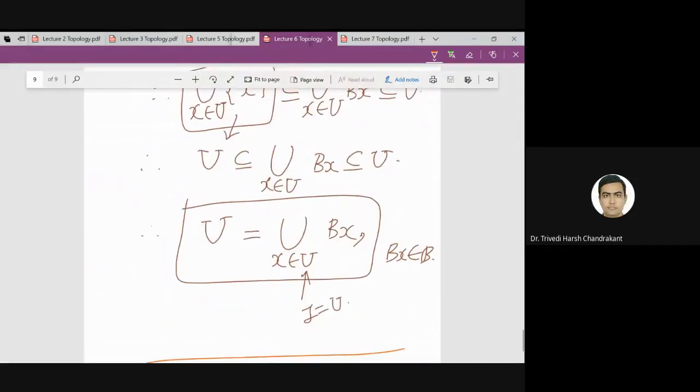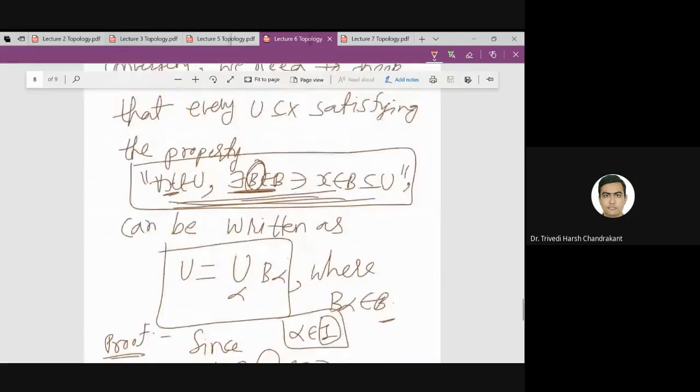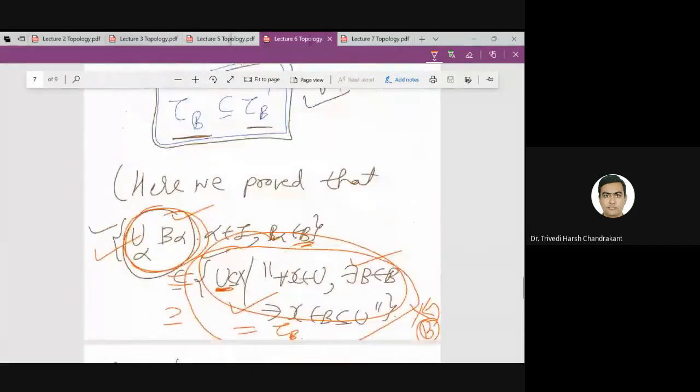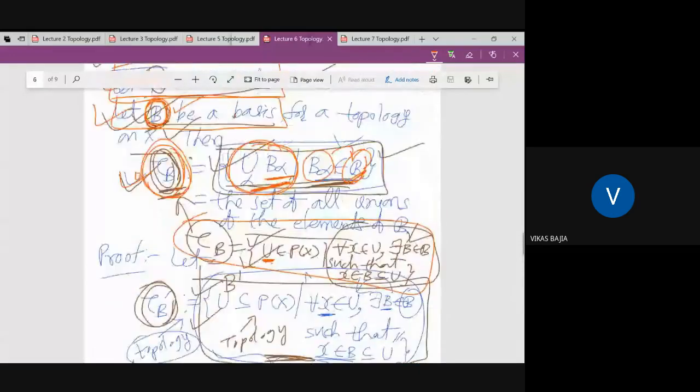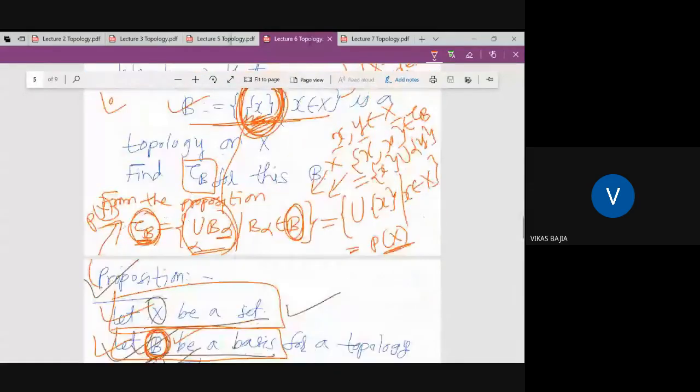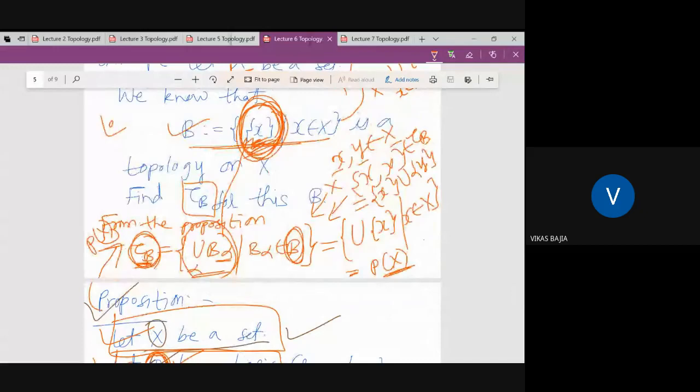Why do you need cardinality? That is the question. Because here we are proving tau B is equal to P of X. So I'm saying that every element of P(X), can I write it as a union of singletons?